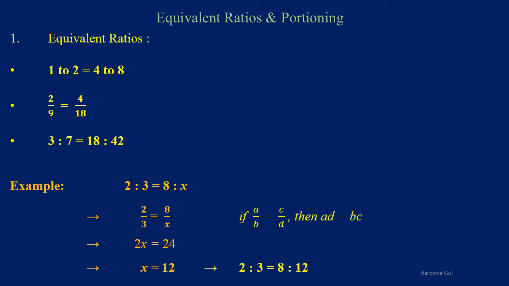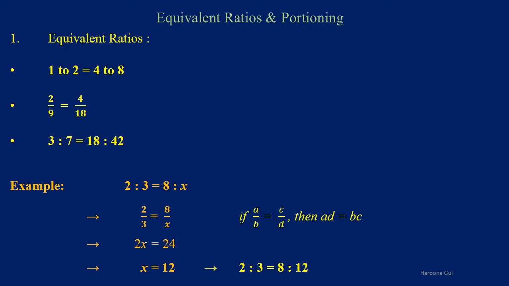And if we divide 4:8 by 4, dividing both terms by 4, we get 1 to 2. Similarly, 2/9 is equal to 4/18, because if 2 and 9 are multiplied by 2, we get 4/18. Same goes for 3:7. If it is multiplied by 6, we get 18:42.